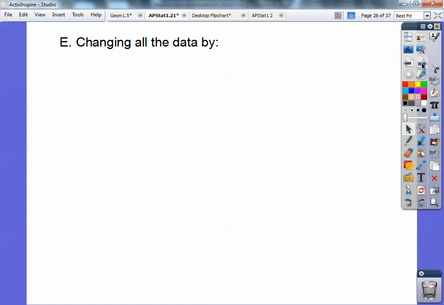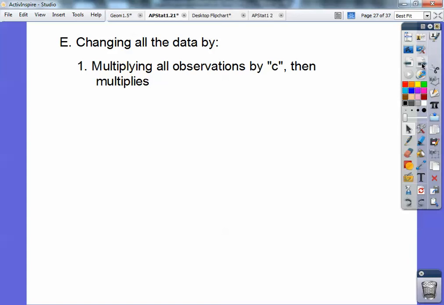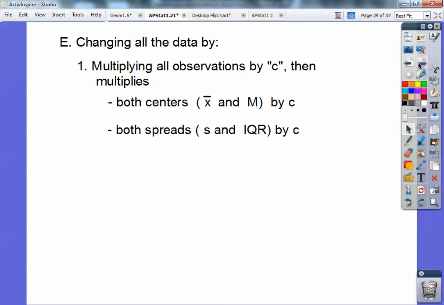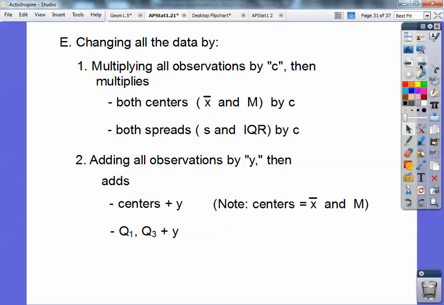Okay, so changing all the data: if you multiply all the numbers by C, then that's going to multiply both centers, so your mean and your median, by C. Both spreads, so your standard deviation and your IQR, also get multiplied by C. So everything gets multiplied by C when you multiply each observation by C. However, when you add to all observations, I should have written C, but I wrote y, it doesn't matter, then the centers are going to be plus y and the quartiles are going to be plus y, but it won't change your spreads.